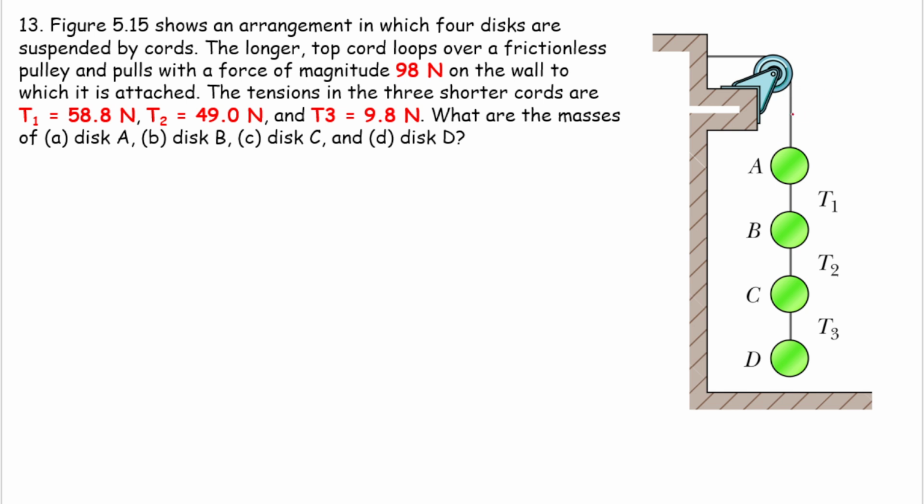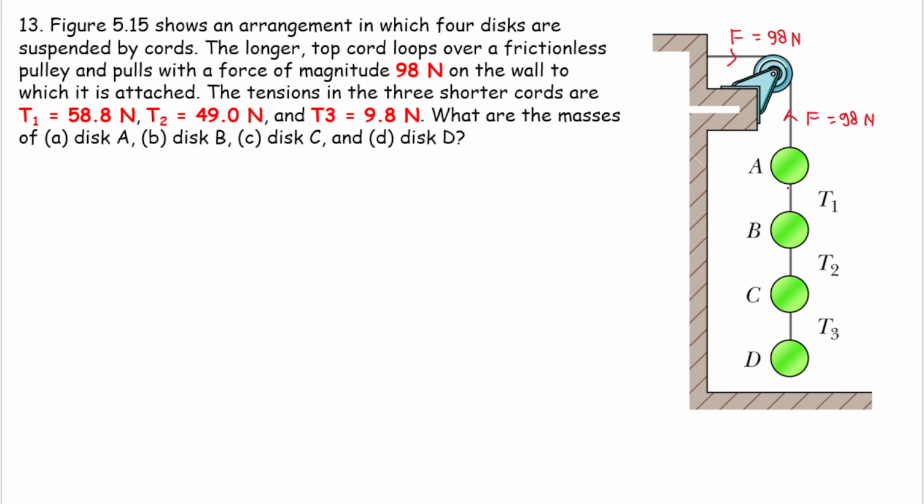So we will have this pulling up with the force here of 98 Newton, right? And because this pulley is frictionless, we will have this F here also goes there. We will have 98 Newton. Okay, and then we are given the value of T1, T2, and T3, and maybe let's label the force here.